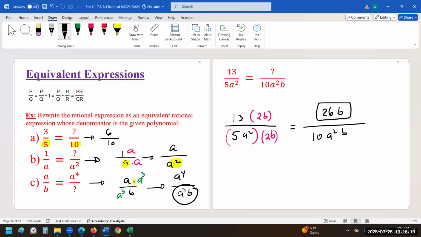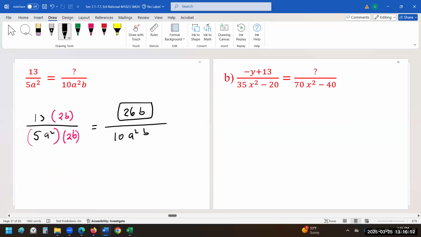The 13 over 5a squared is the same as 26b over 10a squared b. Why do you care? Because to add or subtract, we have to convert each denominator into a different denominator, and that denominator will be the LCD. So to convert a given denominator into the LCD, you have to multiply top and bottom by something to have the equivalent expression. That's the goal. Now, one last question.